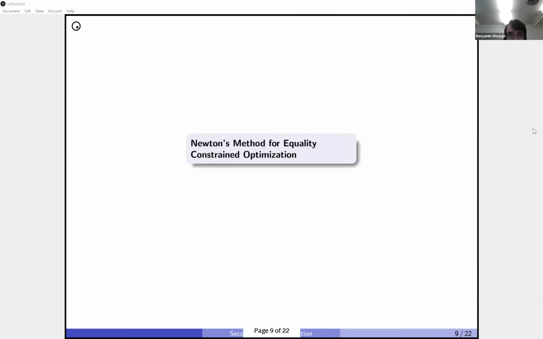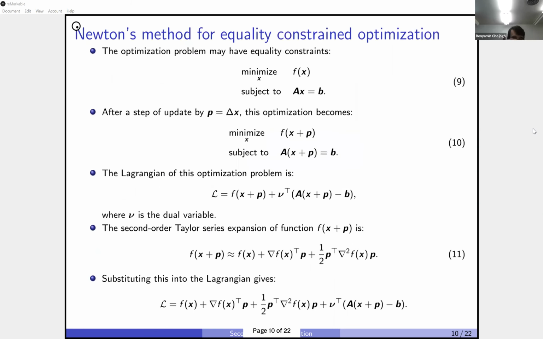Okay, Newton's method for equality constraint optimization. So far, I think you might have heard of this. It was easy, Newton's method for unconstrained optimization. But what if we have constraints now? Assume that we want to minimize some function f subject to Ax equals b.